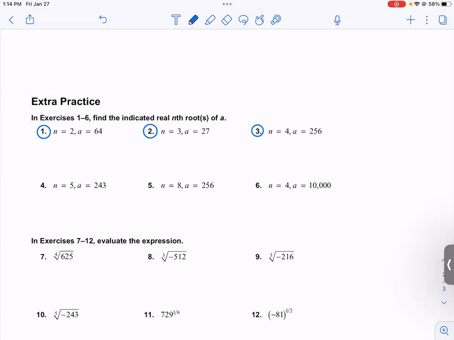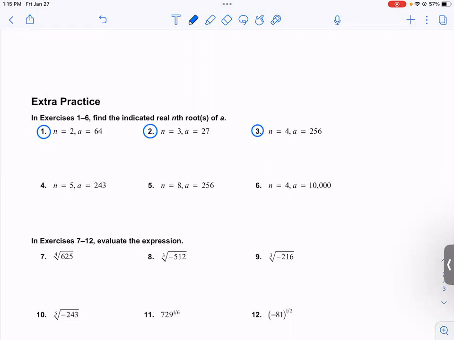It would be like 2, and then the next one. Would 2 be on the inside or the outside? It is the square root of 64. Yeah, but you wouldn't need the 2 because it definitely doesn't need to be there.